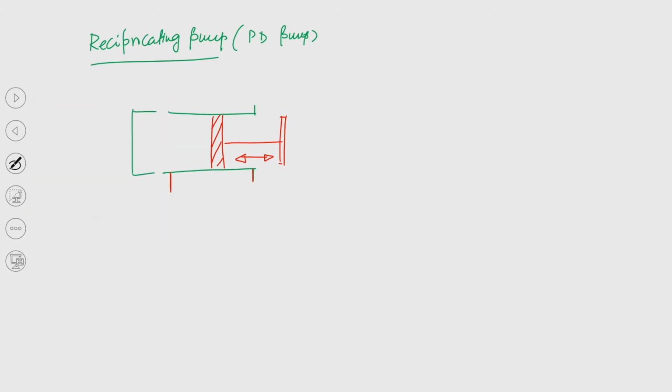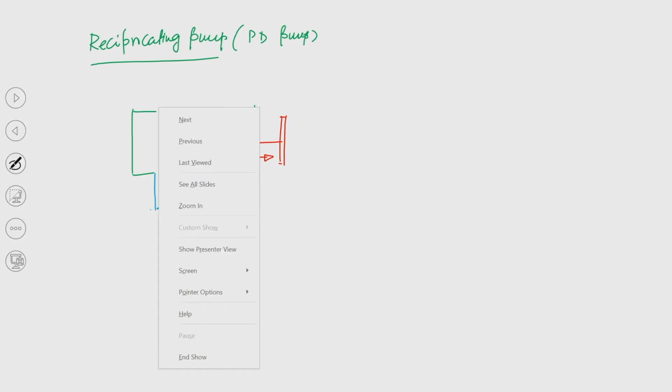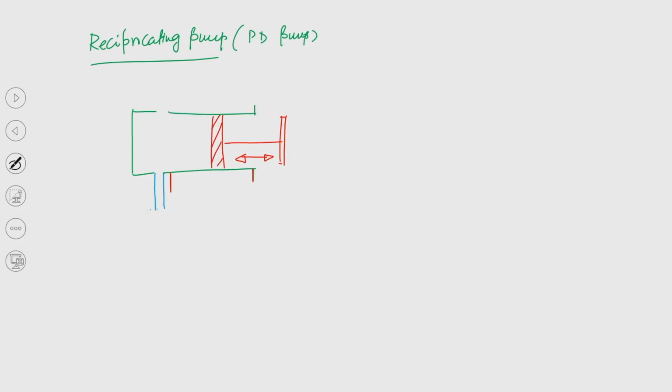Now, what is happening here, if I try to draw, we have this called the inlet port and there will be one valve. And that will be the outlet port, again we will have one valve. So, this is the outlet valve, and maybe this is connected to the suction sump.